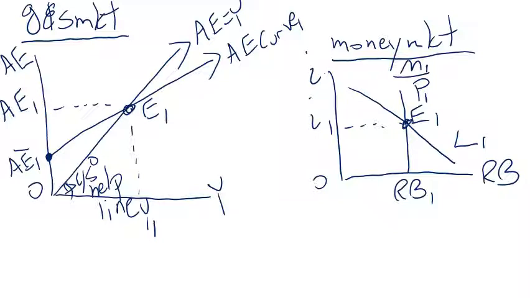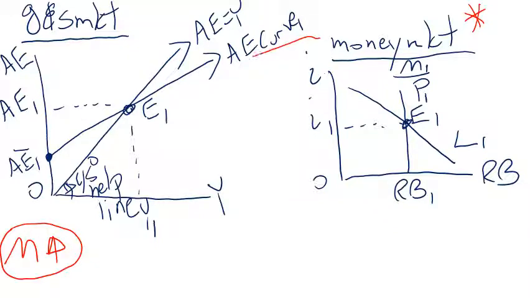And now in red, I introduce an event, and the event is expansionary monetary policy. So where will the event start? The event will start in the money market, and it will eventually move into the goods and services market.